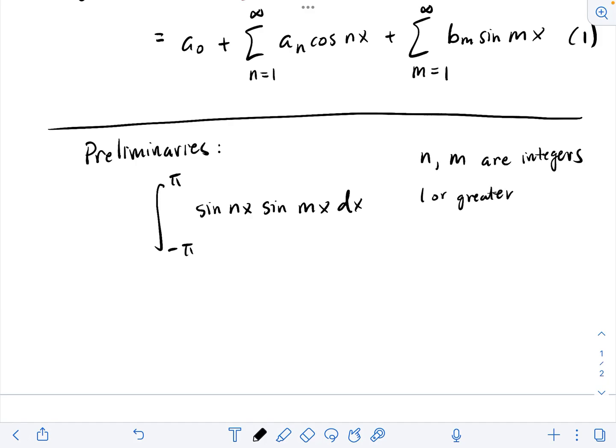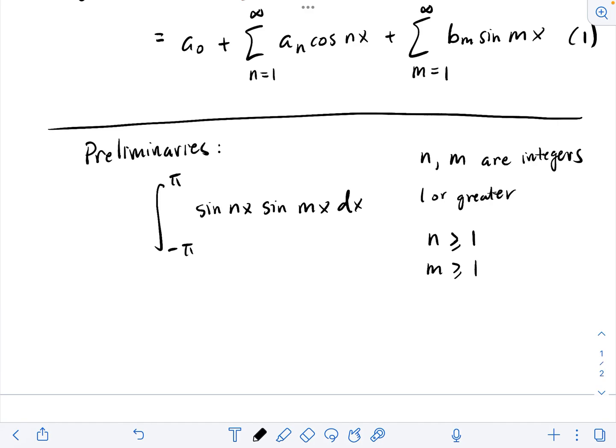And so maybe we should say n is greater than or equal to 1 and m is greater than or equal to 1. Okay, there's a couple ways that we could tackle this integral. We could write sine in terms of its complex exponential.